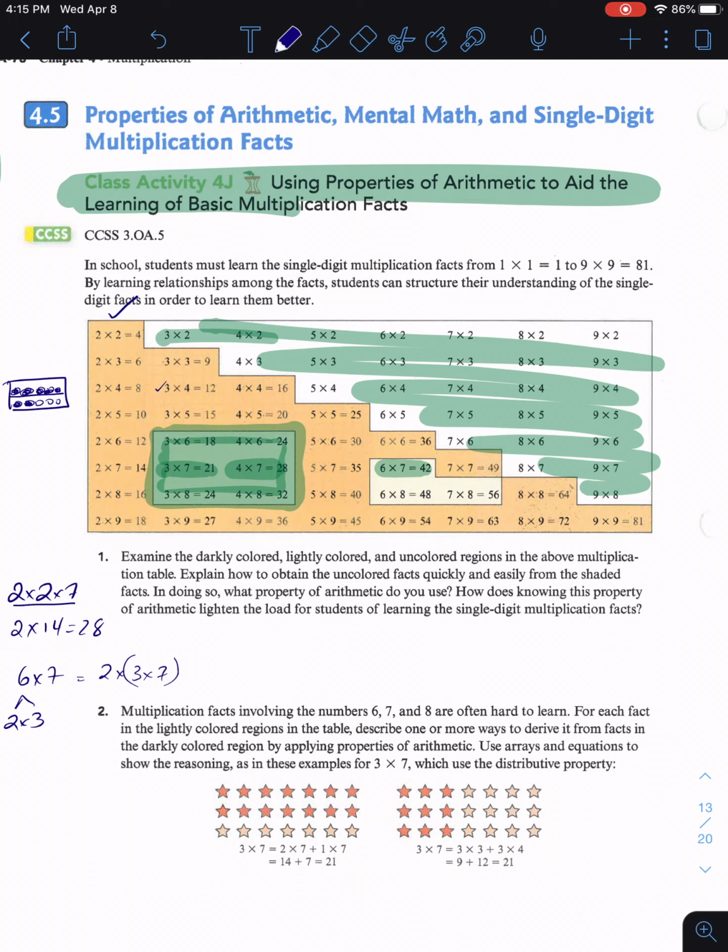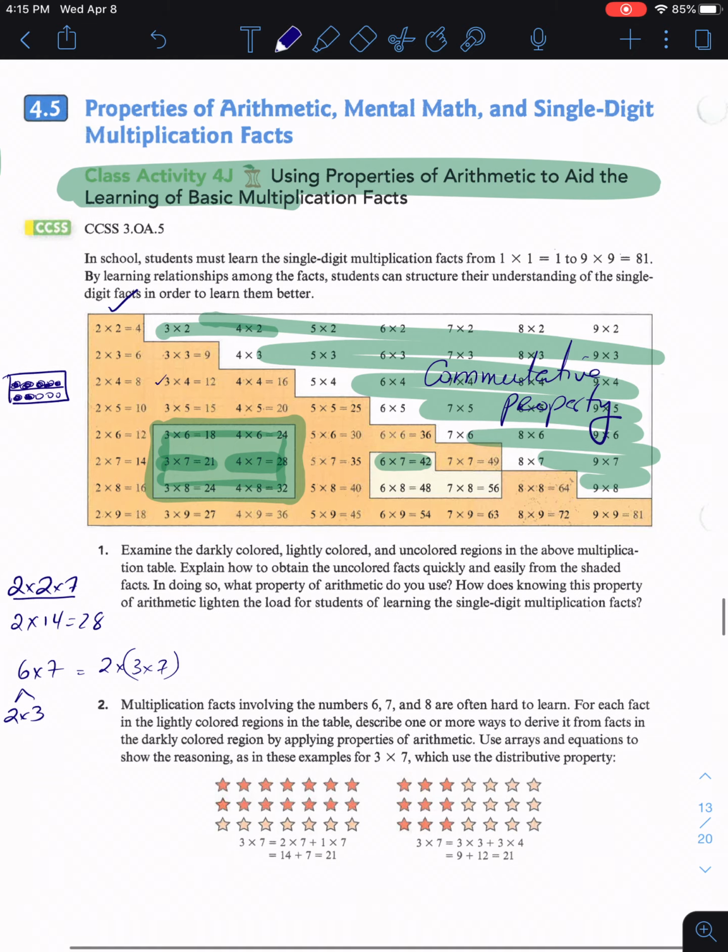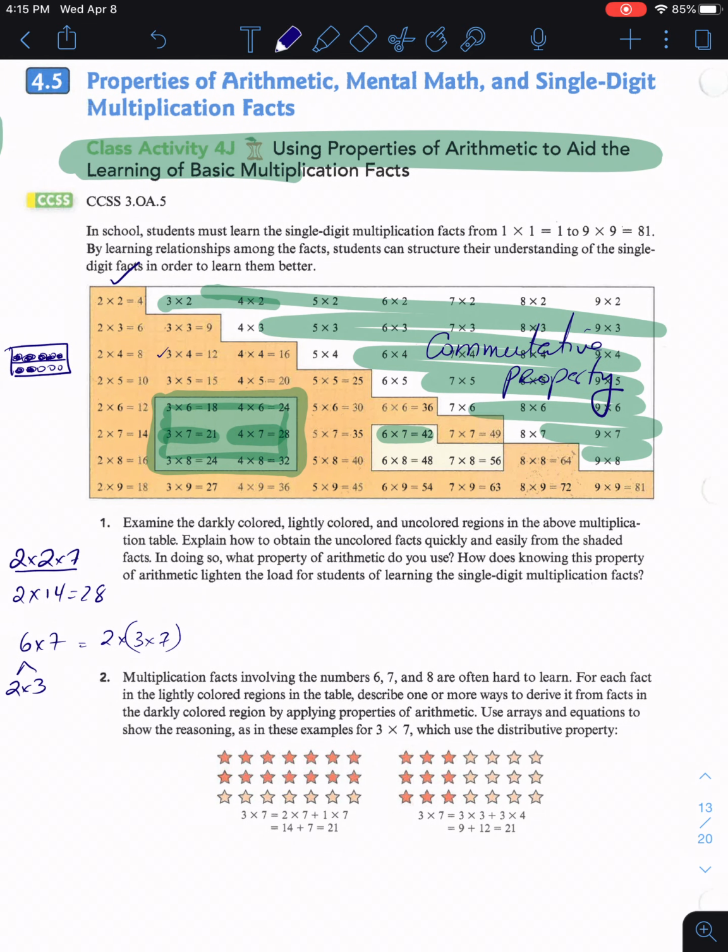So we established that this was going to be with a commutative property. And how does knowing this property of arithmetic lighten the load of students learning single-digit multiplication facts? So in fact, it's cutting it in half. If you know the bottom left half, you will automatically, as a bonus, get the top right half.